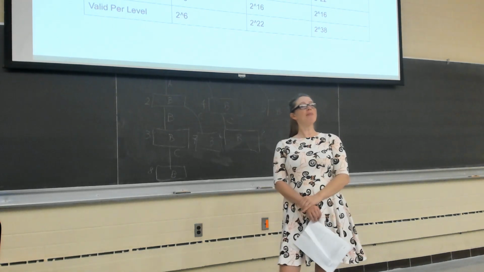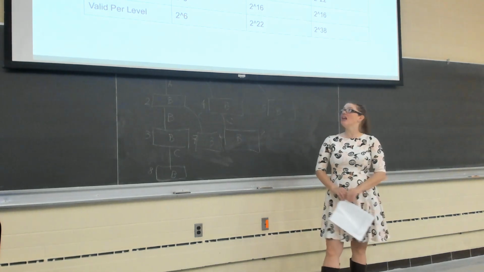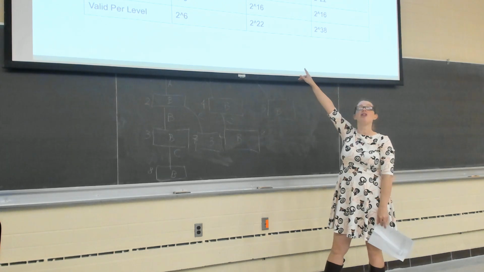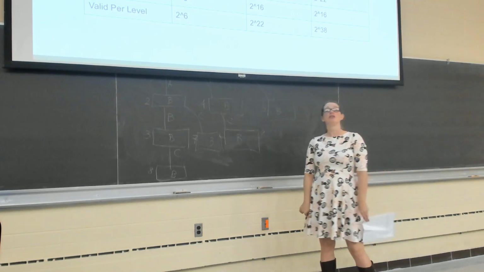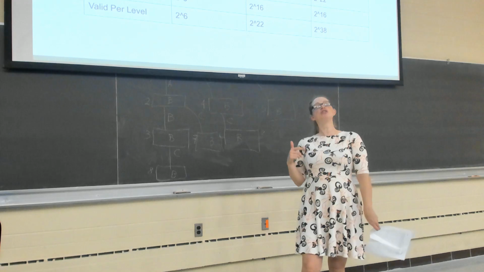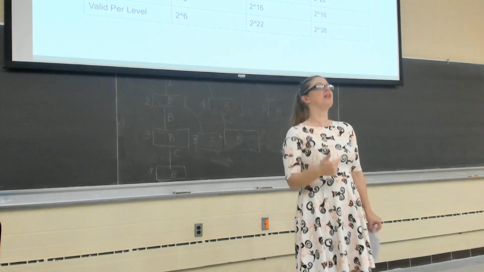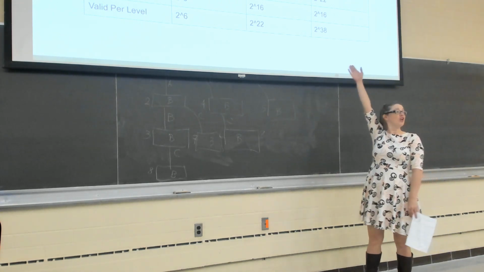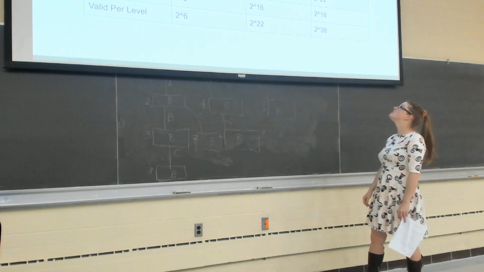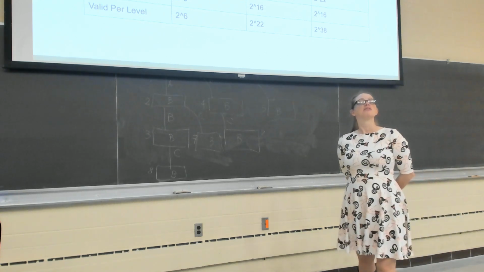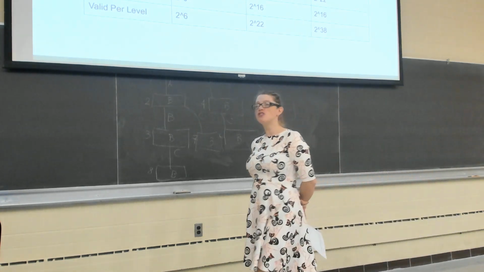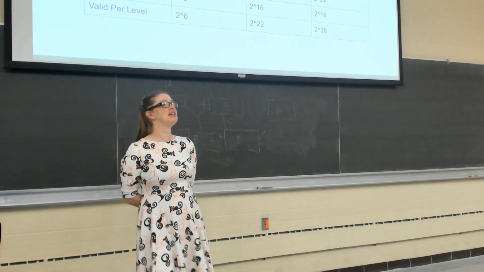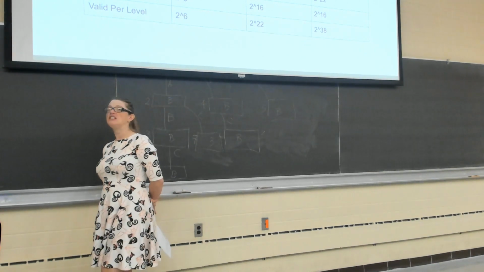Then the total number of valid entries across that level, you take the number of tables and multiply it by the number valid per table, and that gives you 2 to the power of 22. Which means there are 2 to the power of 22 tables in the next level. They are all full, and so the total number of valid entries is 2 to the power of 38. So hopefully for those of you who struggled to understand how we did this problem before, this table will help you see a little better how we did this.